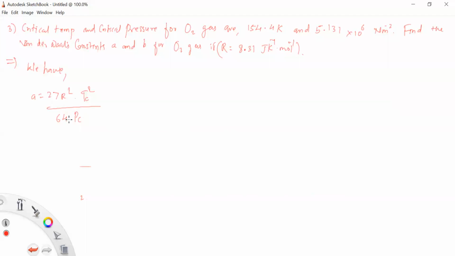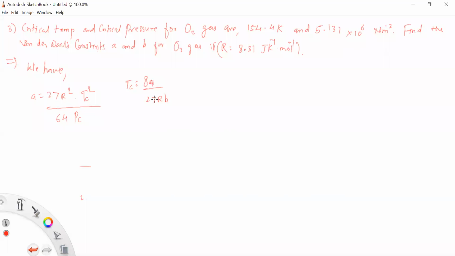This is the problem which is coming from the values of our formula from TC is equal to 8A upon 27 RB. So A ची व्हॅल्यू यांनी दिलेली आहे. क्रिटिकल कॉन्स्टंट आणि सॉरी क्रिटिकल टेम्परेचर आपल्याला ए आणि बी काढायचा आहे.